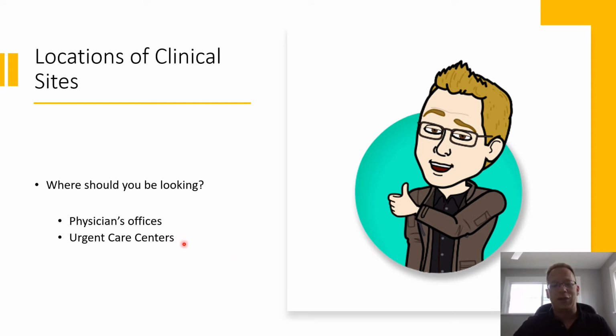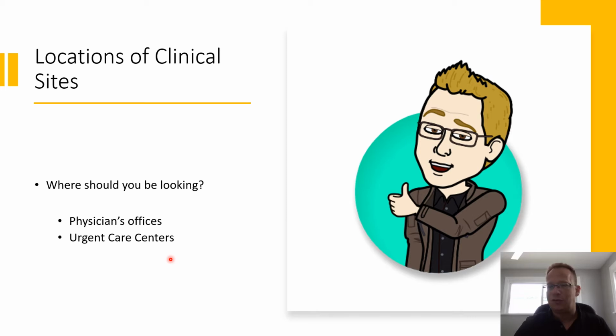In that case, urgent care centers would be better suited for you. So if you're available during the day, you're looking more towards doctor's offices. If your availability is more during the evening, try to angle your search to urgent care centers.